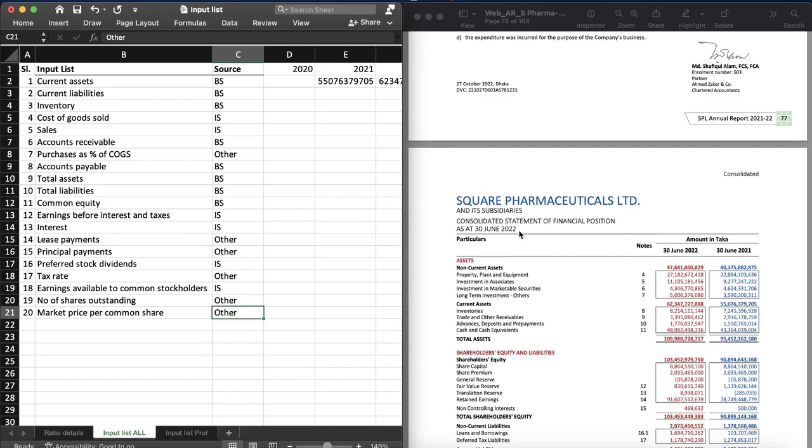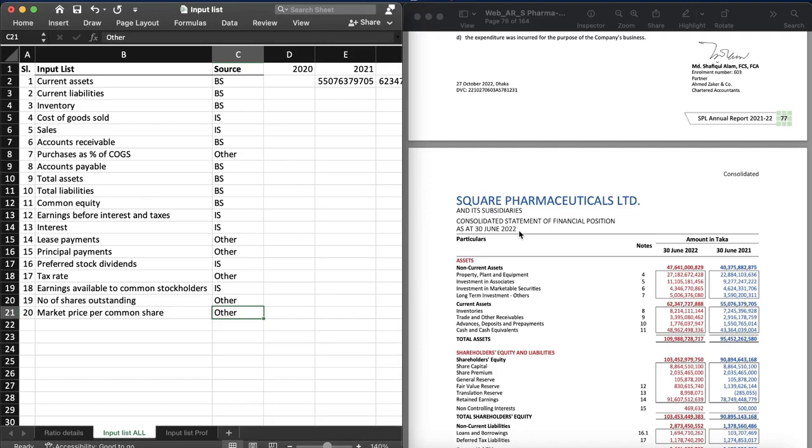Because in the market ratio, maybe one element is market price and another element is from the balance sheet. So these two should have the same date, because on July 1 the balance sheet will be changed, and also the price will be changed.